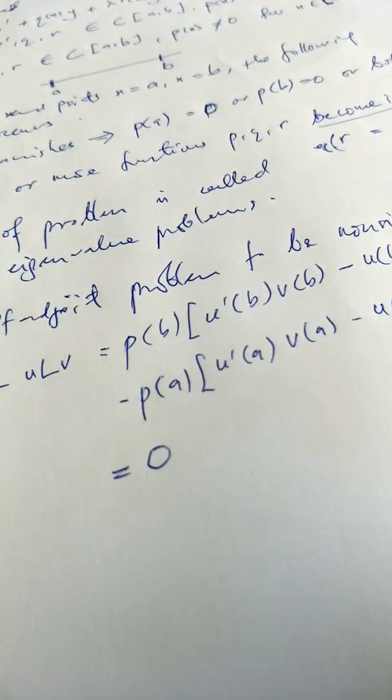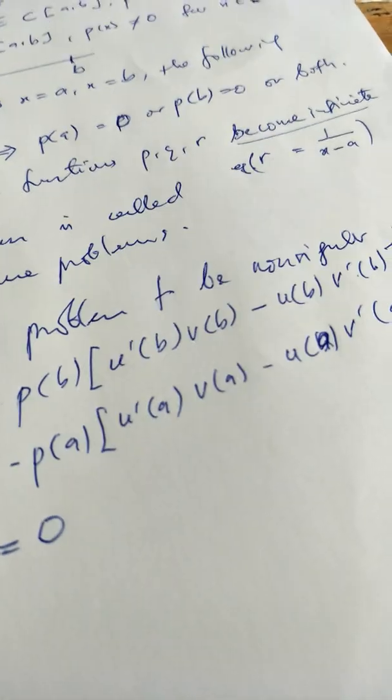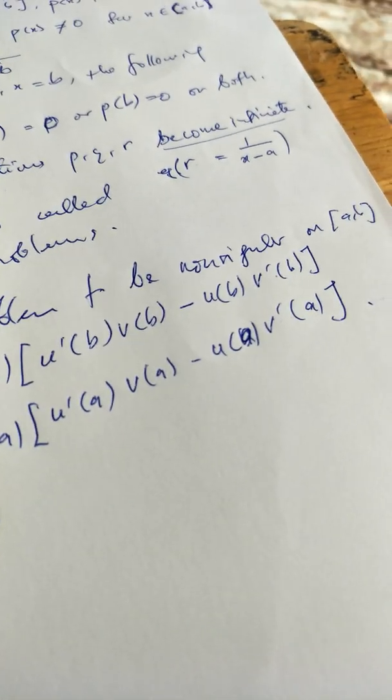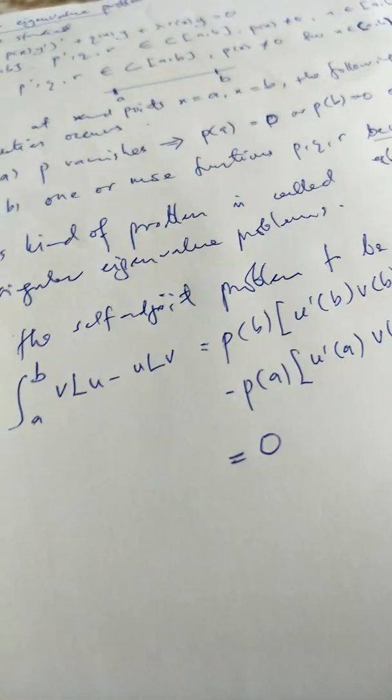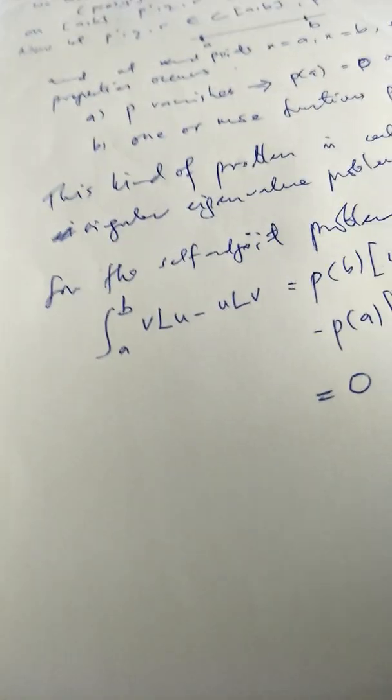So you have the self-adjoint equation for the non-singular case that we have dealt with earlier.